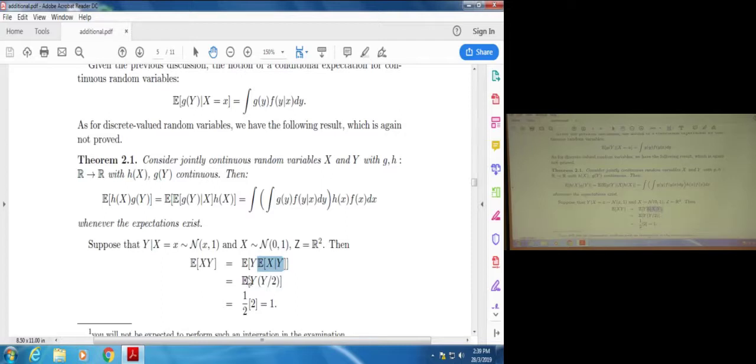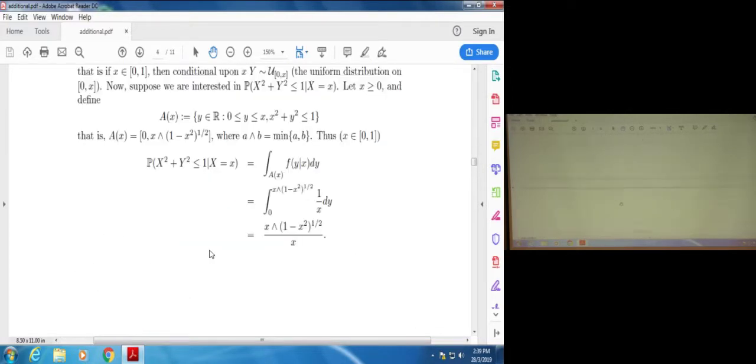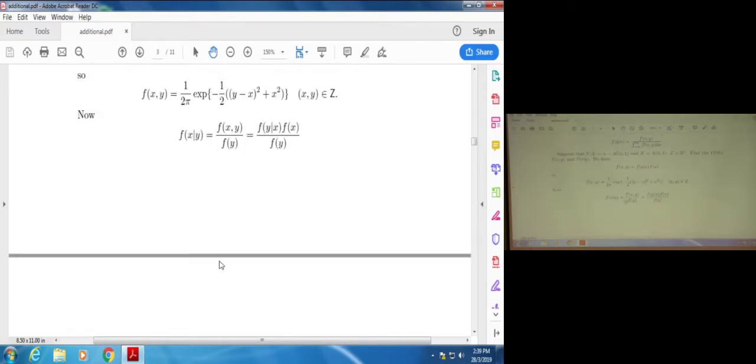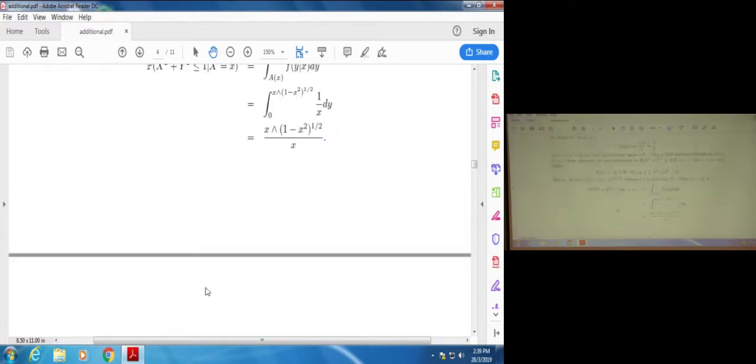So the expectation of x given y, I know it because, from this formula here, x given y is up here. Where did we get it? x given y was normal y over 2, 1 over 2.